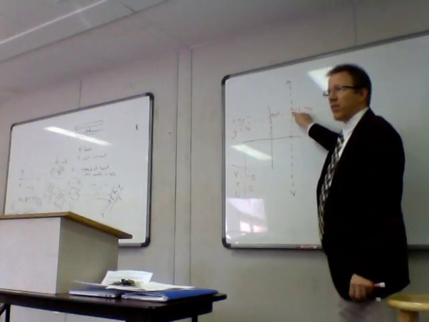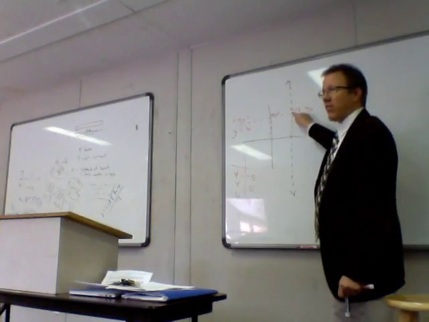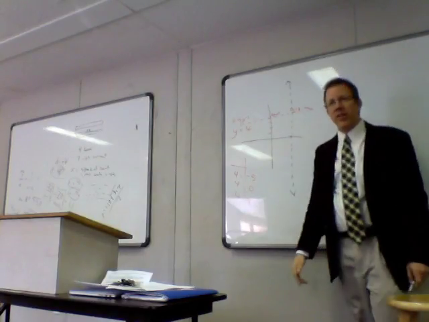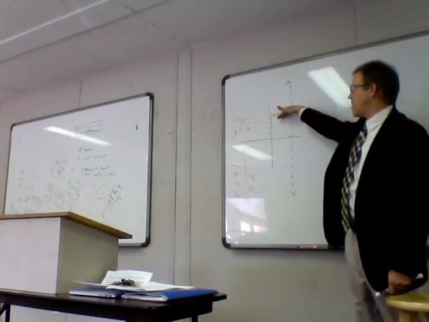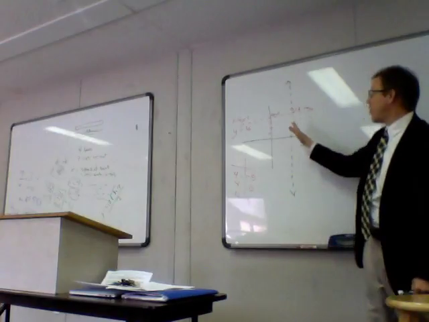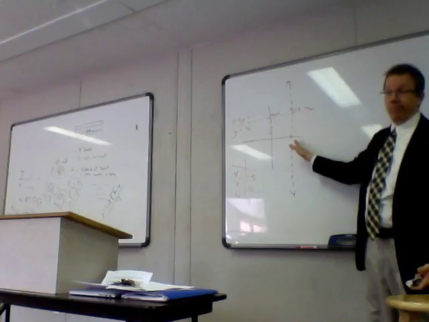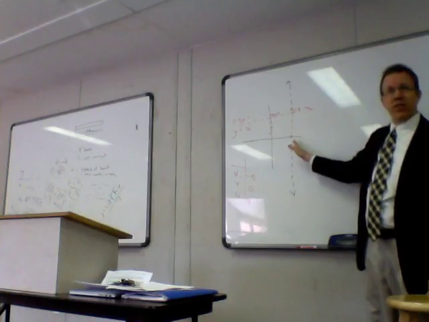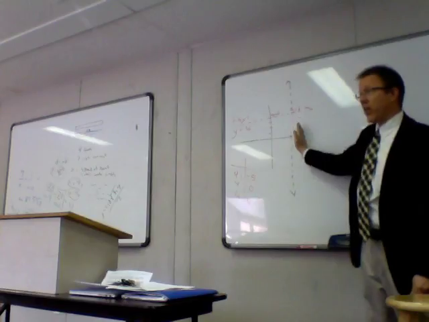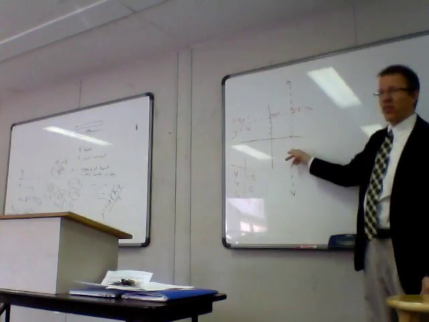And is that a function if I can hit more than one point for the same x value? It's not a function. So the problem I have here is that I can invert this function, but the resulting graph is not a function. You see that? The original was a function. I can invert it, but now I don't have a function anymore.